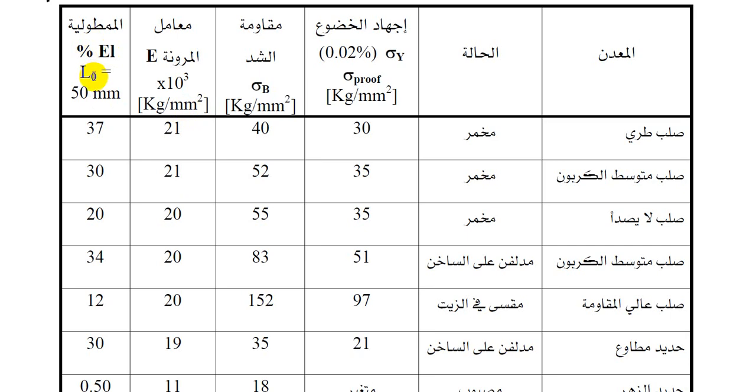The ductility is the percentage elongation, 100% times the change in length over L naught, the initial standardized gauge length of 50 millimeters.